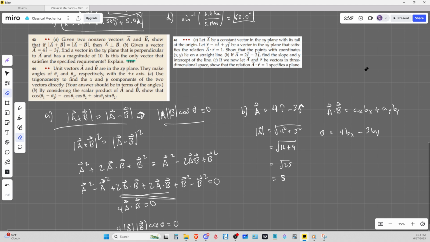I think there's plenty of ways to make this 0, but also have the magnitude of 10, unless that's supposed to be a unique thing. Because the magnitude of b has to be equal to 10.